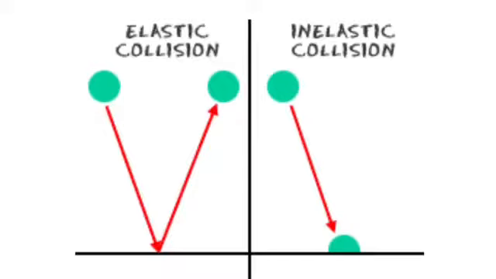It is transferred to thermal energy and sound. Both elastic and inelastic collisions obey the conservation of momentum though. In both elastic collisions and inelastic collisions, the total momentum before the collision is equal to the total momentum after the collision. Let's have a look at that idea with Tom and his selection of balls.